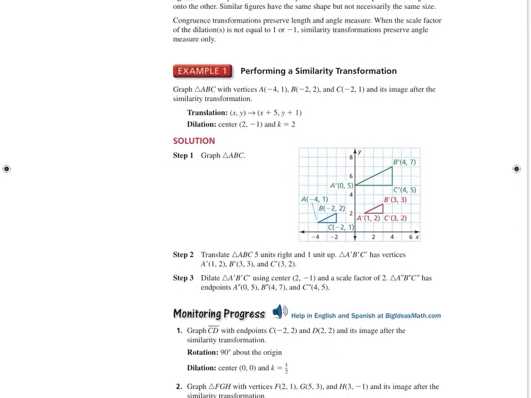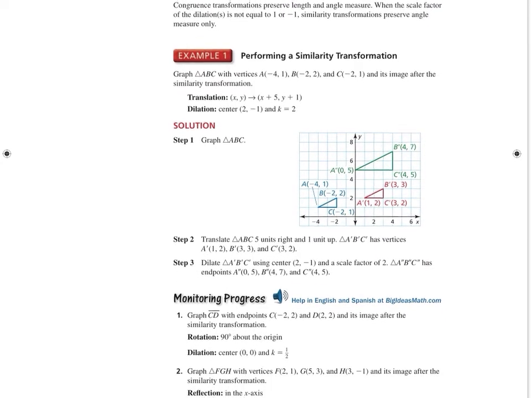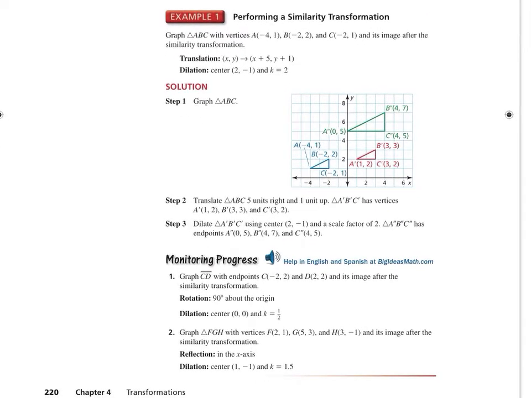And then we have example 1 where we're performing a similarity transformation. Graph triangle ABC with these vertices and its image after the similarity transformation. So here we have a composition of transformations. The first transformation is a translation, so that means we're going to slide 5 units to the right and then slide 1 unit up.